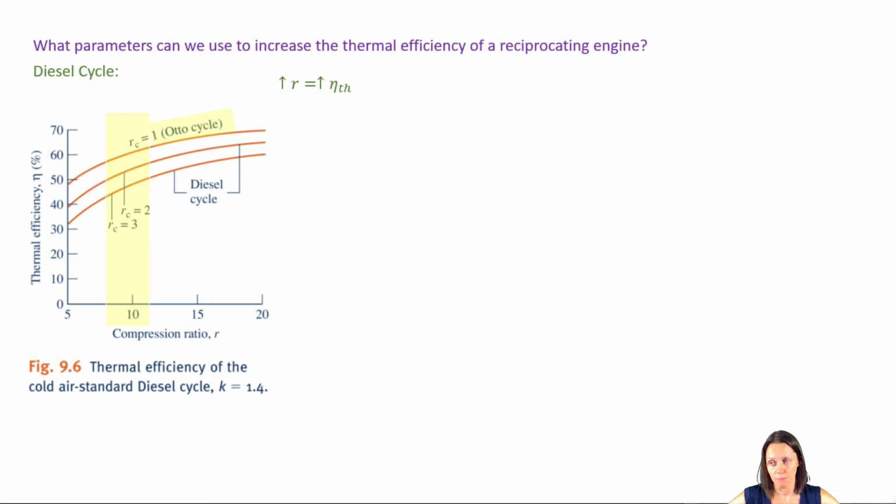And then they have this little note up at the top, r_c equals 1 for an Otto cycle, so that's the cutoff ratio. Remember the cutoff ratio, it's the ratio of the volume after combustion to the volume before combustion. And in an Otto cycle, we model the combustion process as constant volume, so that ratio would just be 1.